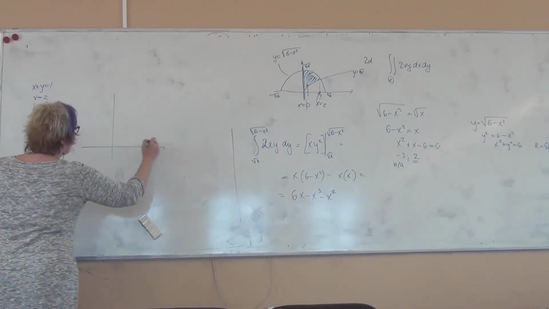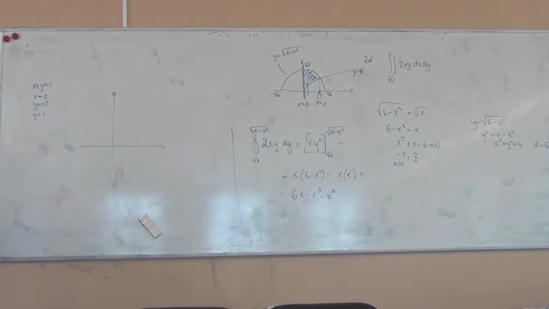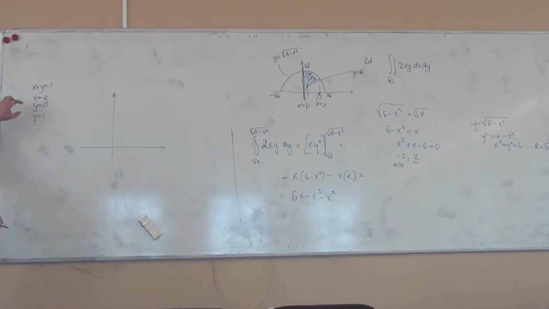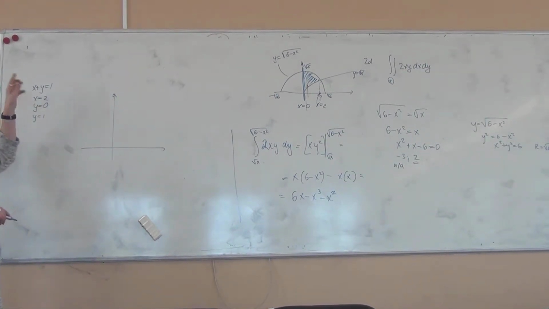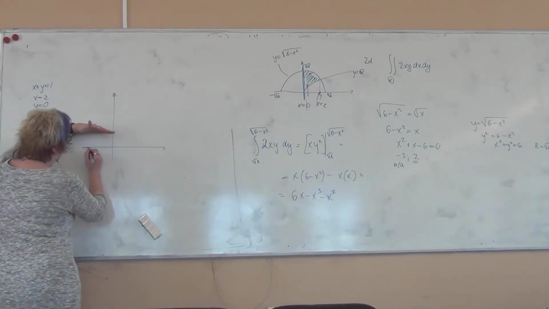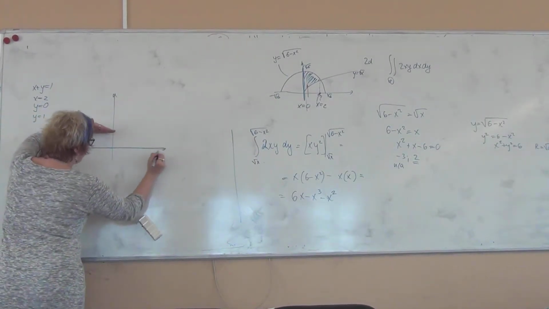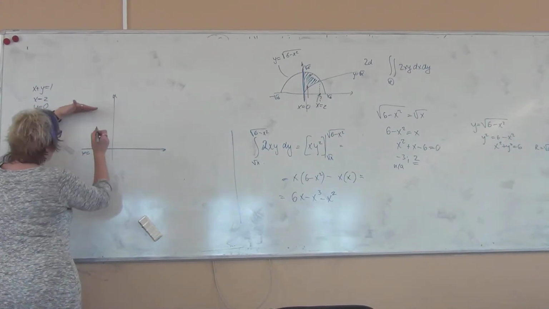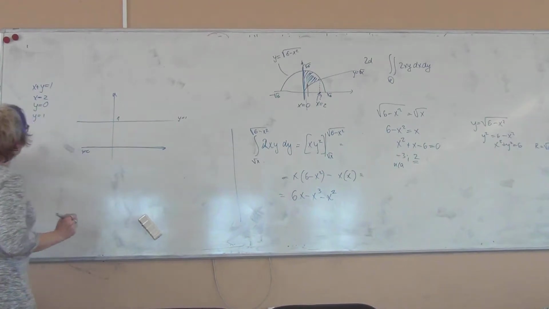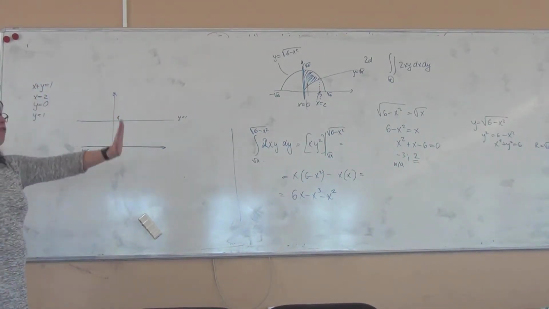Let's sketch the region of integration before we write the double integral in the iterated form. So y is 0, y is 1, those are horizontal lines. Y is 0 is the x-axis. Y is 1 is this line. X is 2, a vertical line.